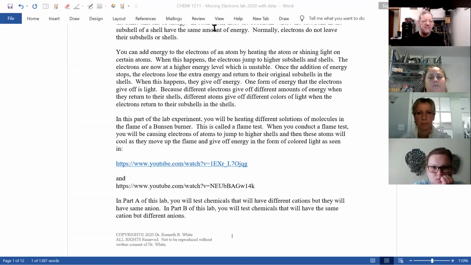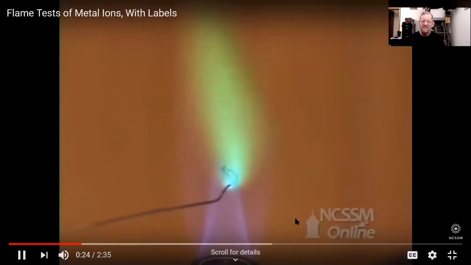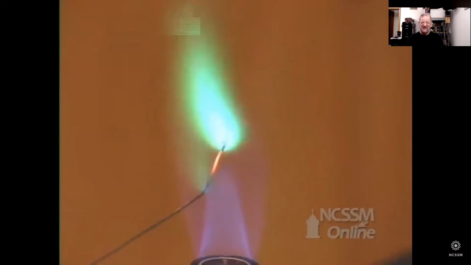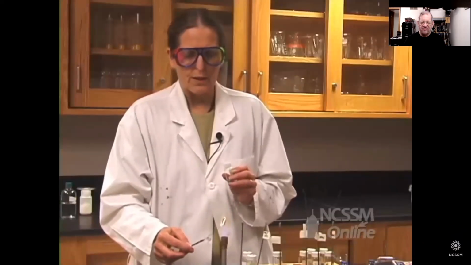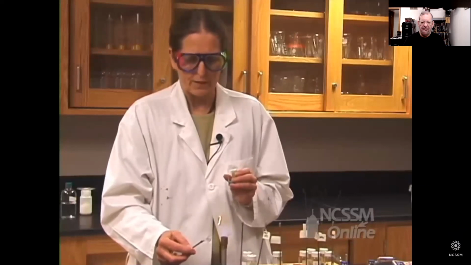These are aqueous solutions, and we have just an inert metal loop. We're going to dip the end into the solution and put it into the flame. That excitation characteristic color is like a fingerprint for an element.